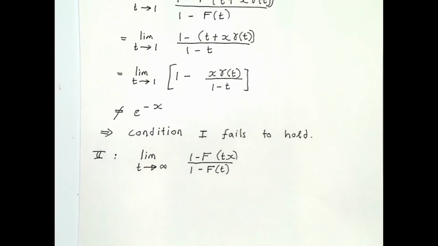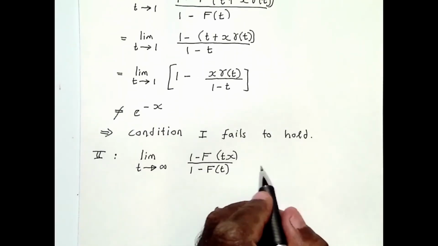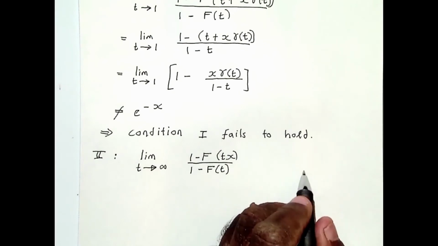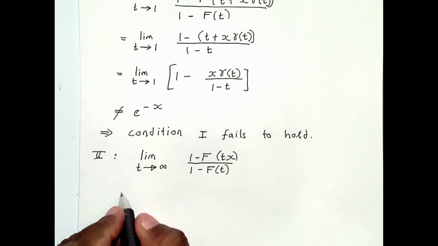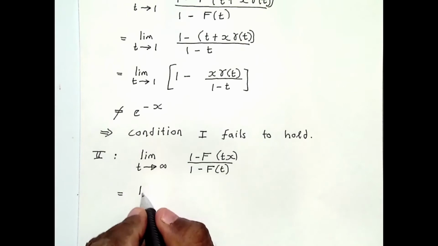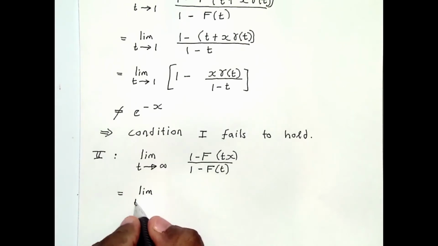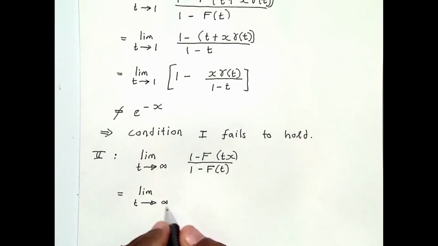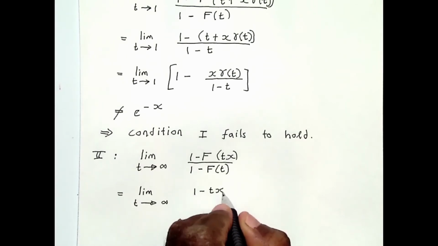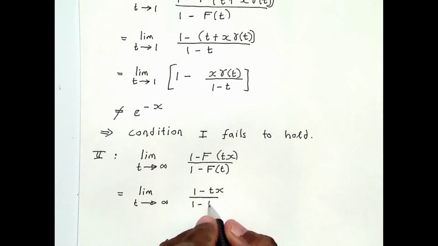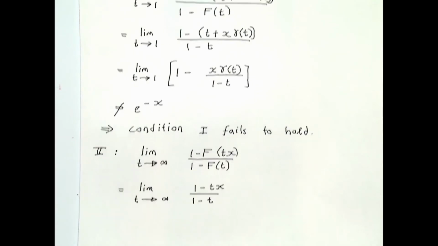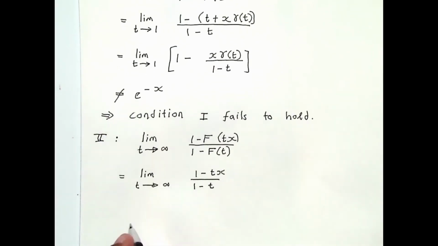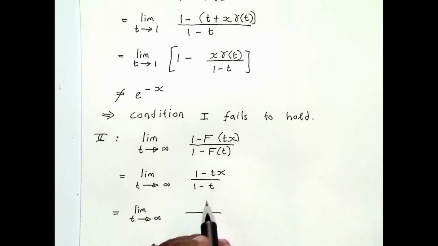And according to condition 2, this must take the form x to the power minus alpha, where alpha is a positive number. So let's see what happens. So this is going to be the limit. Now I'm going to divide the top and the bottom by t.